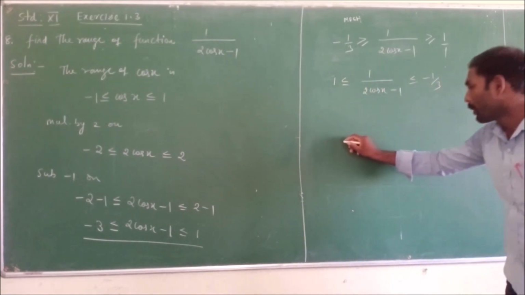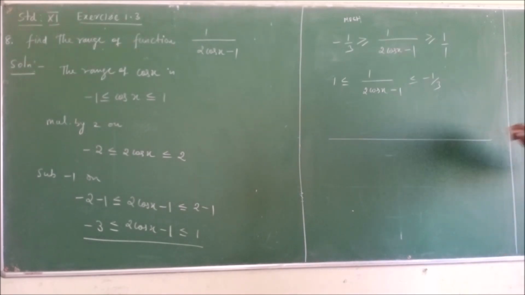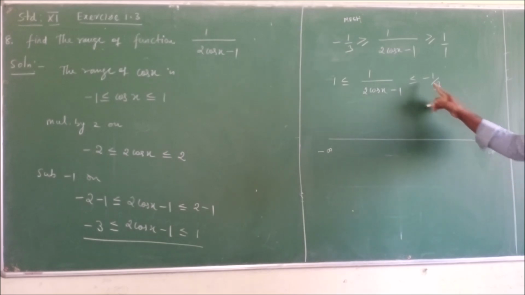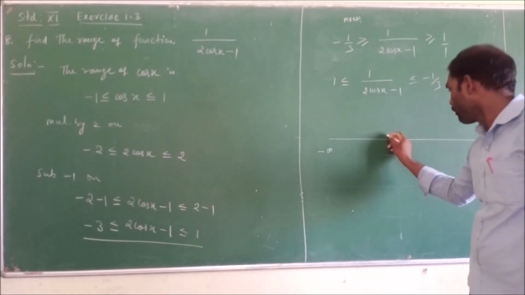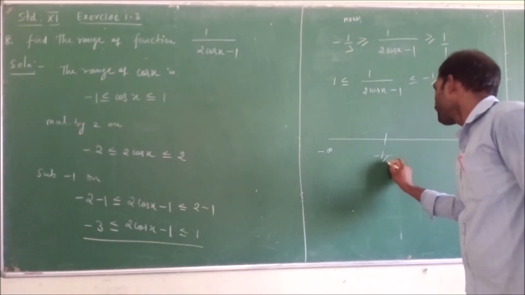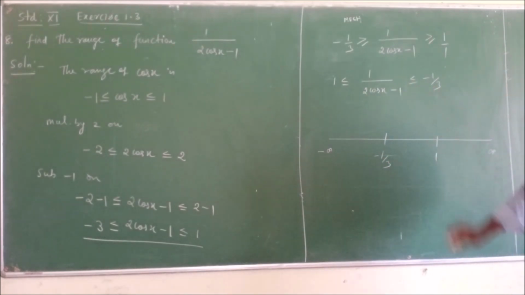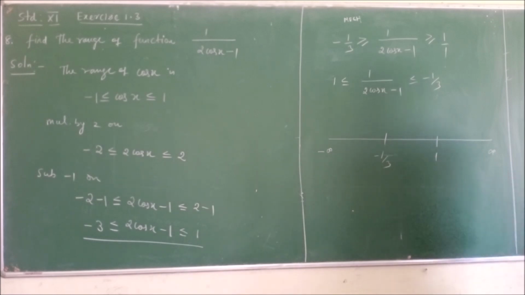So draw the number line, the real line, from -infinity to +infinity, with -1/3 and 1 marked, the limits on this real line.